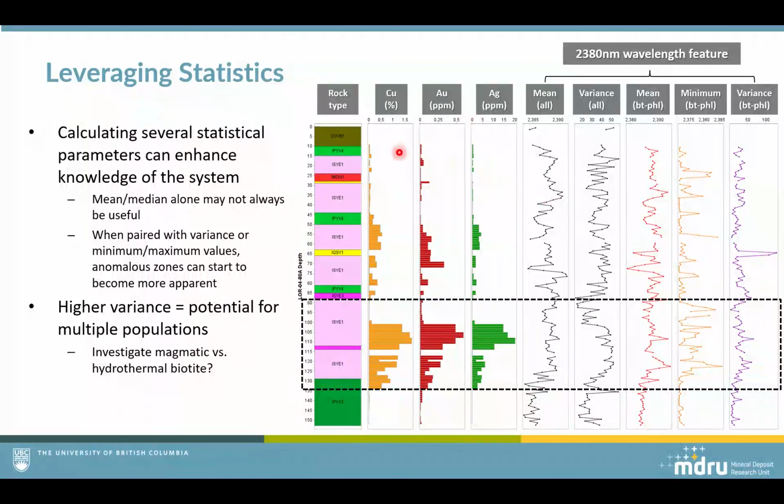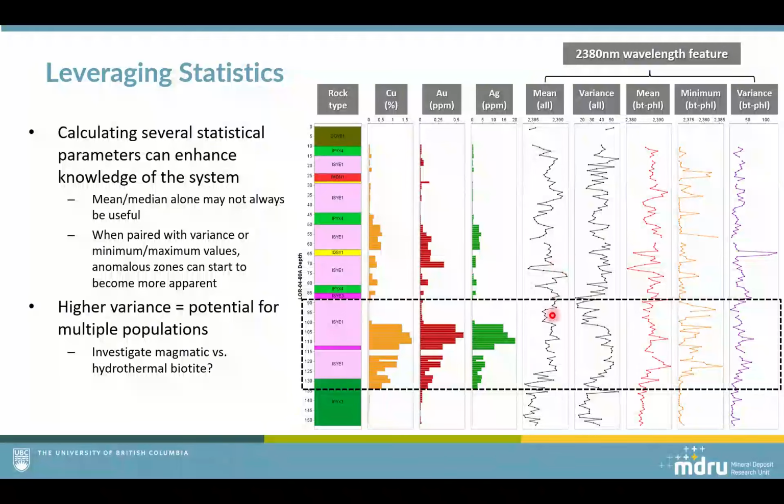In this particular example, it's a different hole that was from the same zone at Lorraine. But I wanted to point your attention to this area where we have high copper, gold, silver grades at the bottom of the hole.